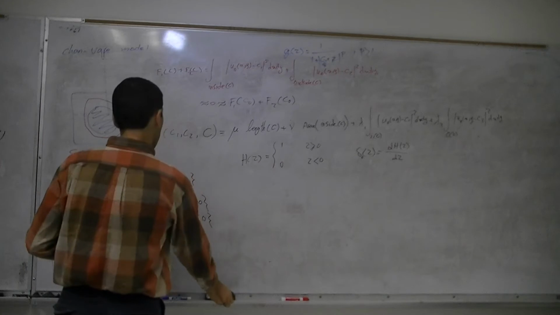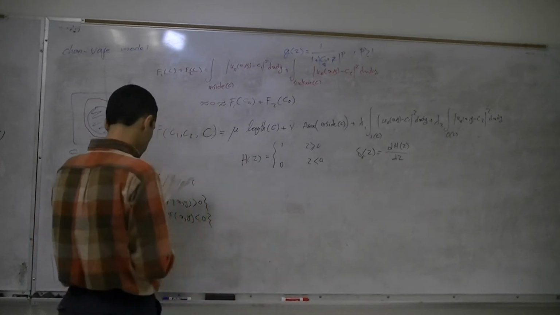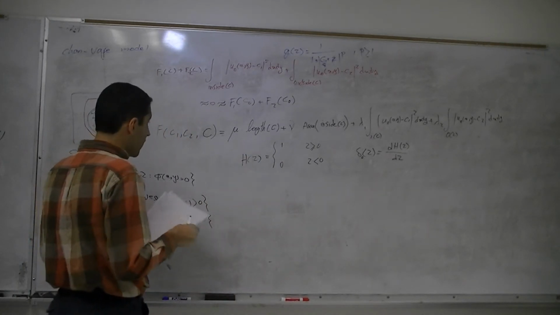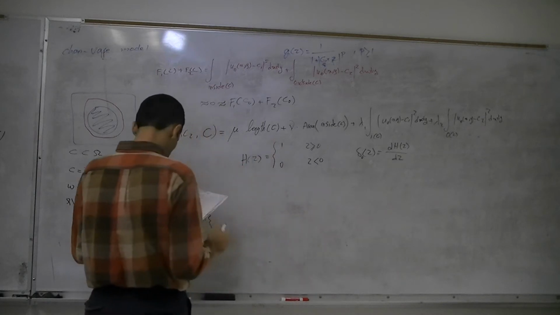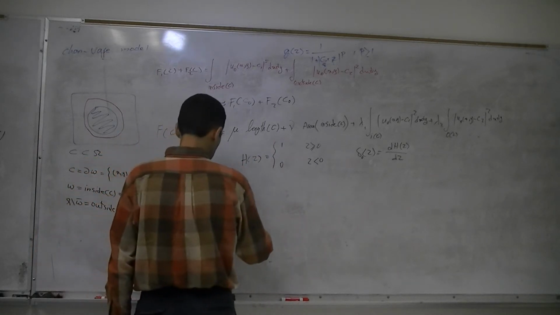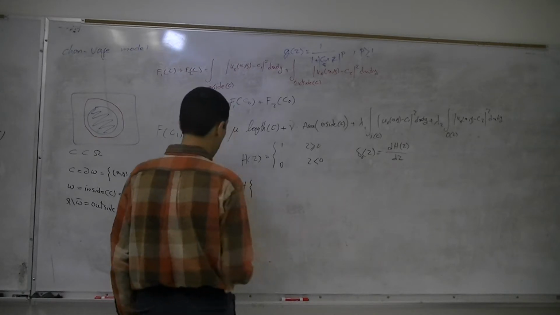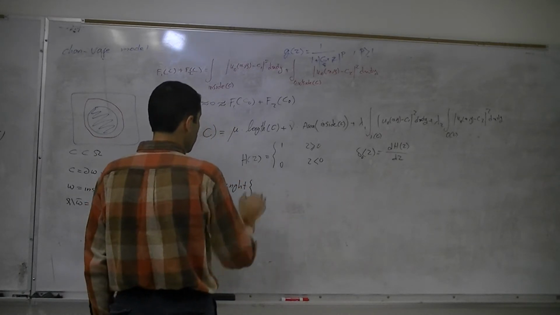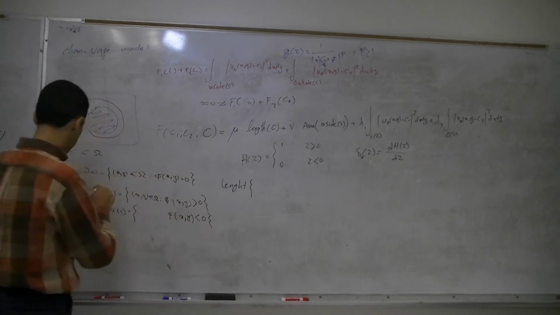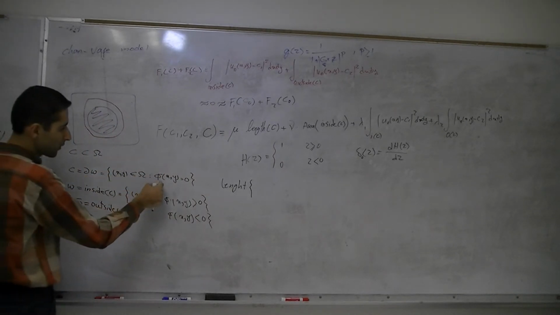If I want to write this term based on this function, the length of C is the set of points where phi is equal to 0.